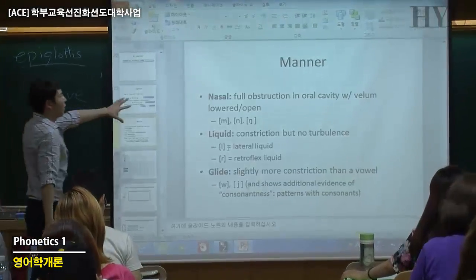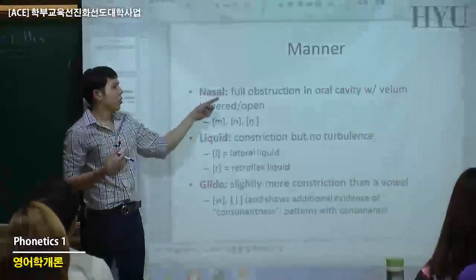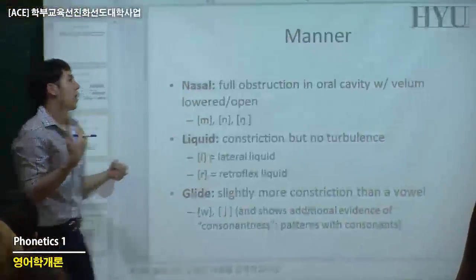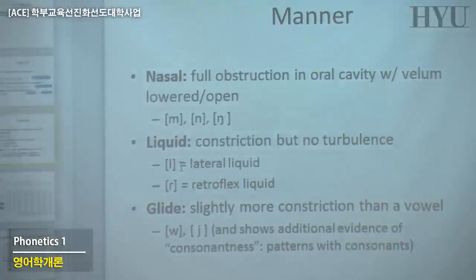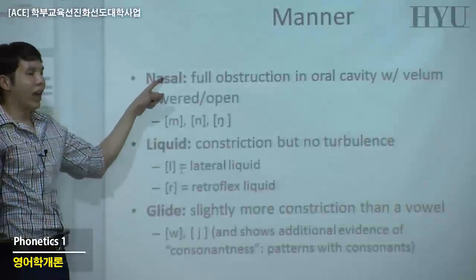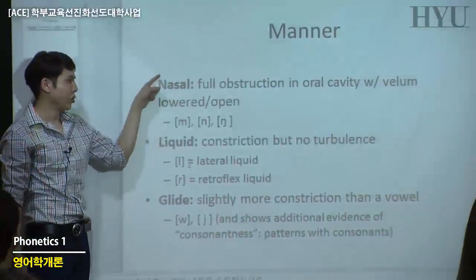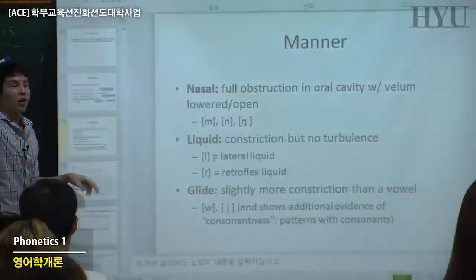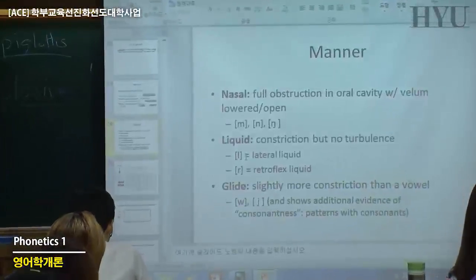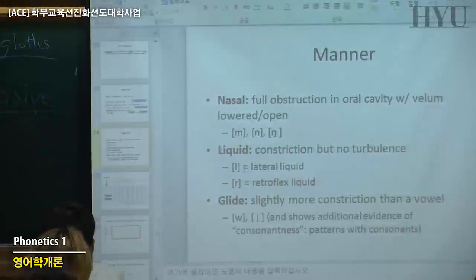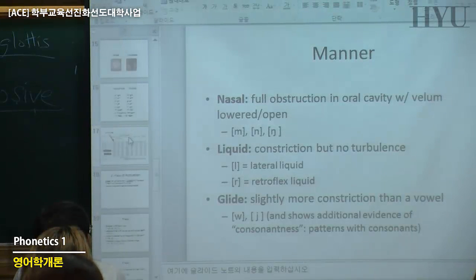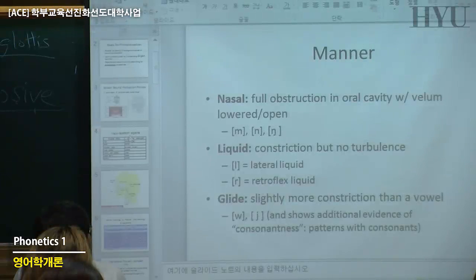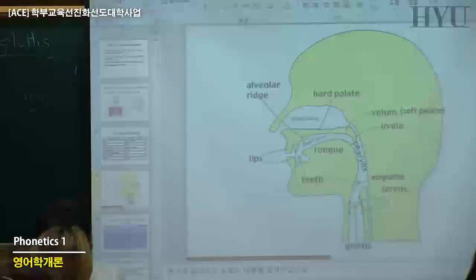Three more manners. Nasal. When you let the air go through the nose, you have a nasal sound. Nasal is nose, right? Because you lower the uvula, remember? When you lower the uvula, the air can come through the nose. Let me go back to this one.